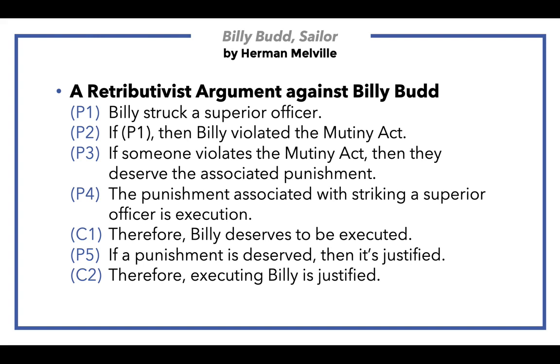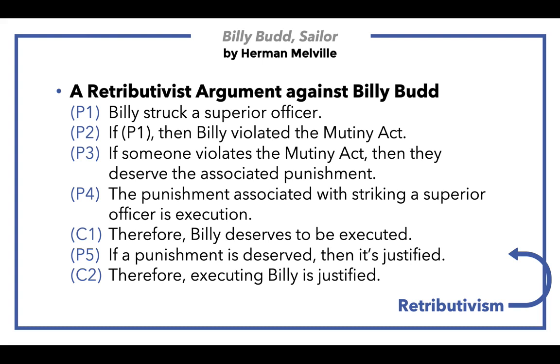Again, this is a more complex argument, with more steps along the way, but all these steps look pretty good. The controversial premise when we look at the theories of punishment is this fifth premise. That's again a statement of retributivism about punishment. If punishment's deserved, then it's justified.